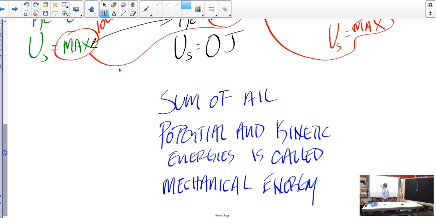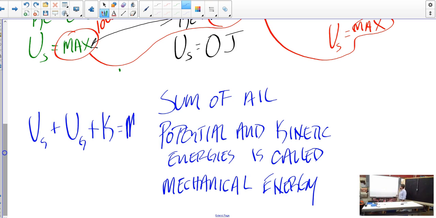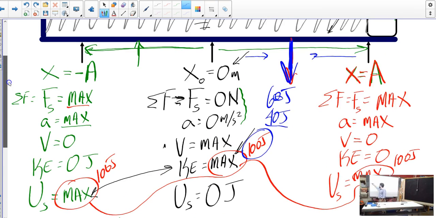So keep that in mind. The sum of, usually it's spring energy plus gravitational potential plus the kinetic energy is what we call the mechanical energy. And so in this case, we would say the mechanical energy is conserved because there's no friction, and it always has to be that arbitrary number of 100 that I happen to make.